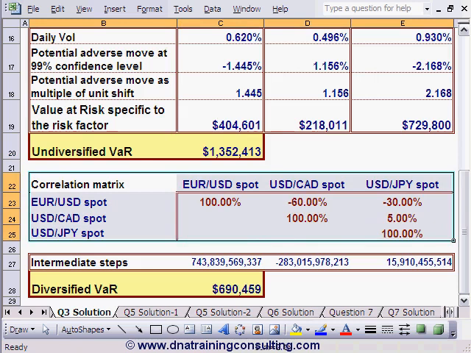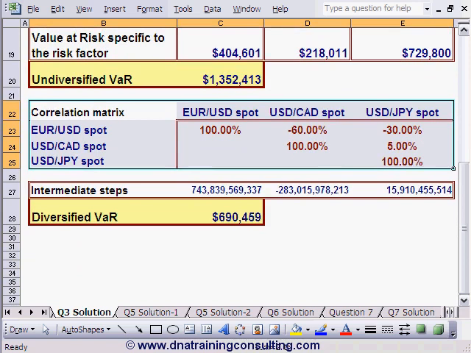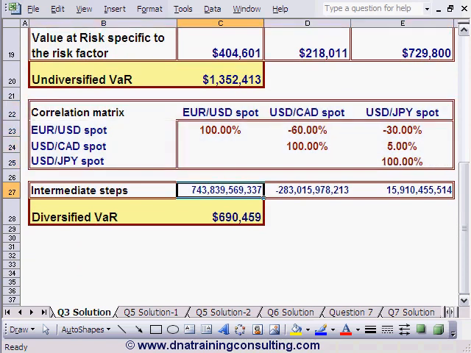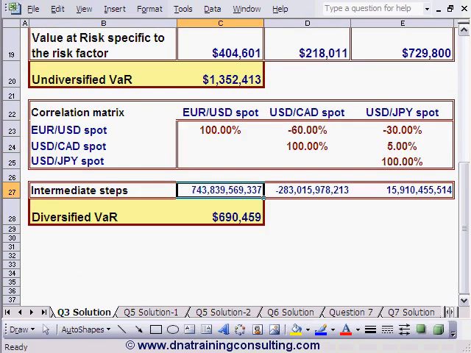For diversified VAR, as explained in Chapter 3, we first calculate each line of the formula at a time using the sum product function, with the results appearing in cells C27 to E27, in accordance with what we did previously.